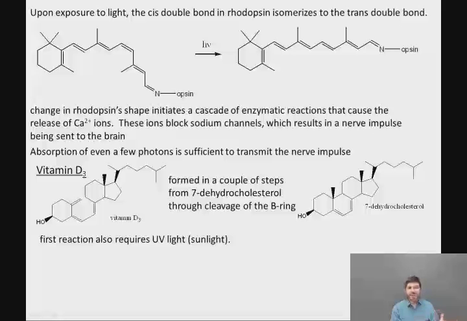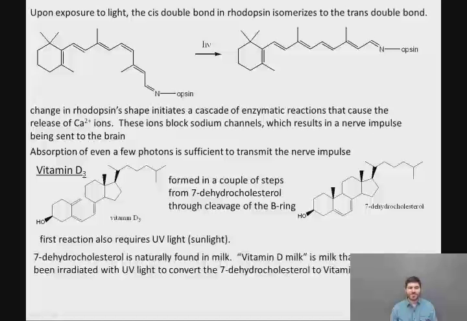So both vitamin A and 7-dehydrocholesterol have conjugated double bonds, and that should not surprise you at all, given the fact that we have seen that these molecules absorb UV light through their HOMO to LUMO transitions. And the most common place that UV light comes from, that people can be exposed to, is sunlight.